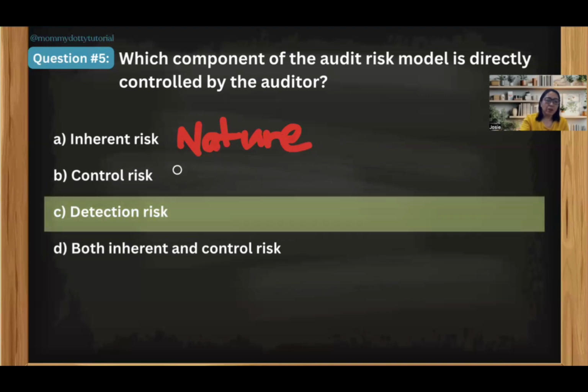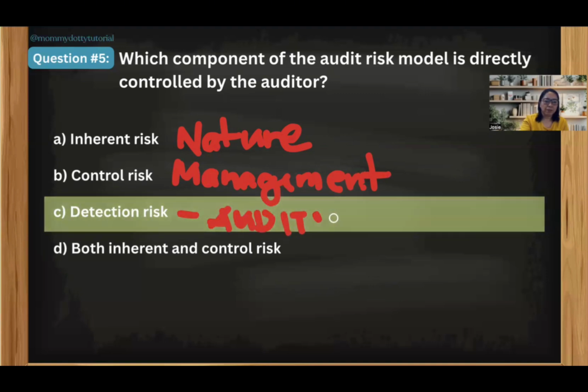Control risk, ito yung management. Ito yung controlled by management. Yung detection risk, ito yung directly controlled by auditor. In letter D, panggulo. Okay?